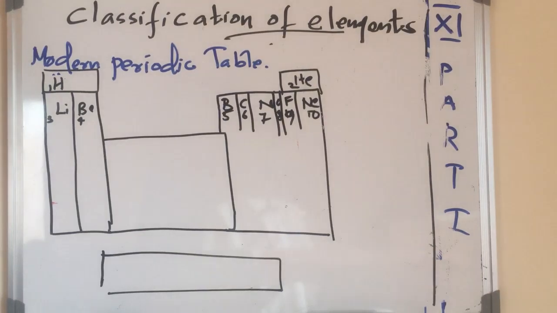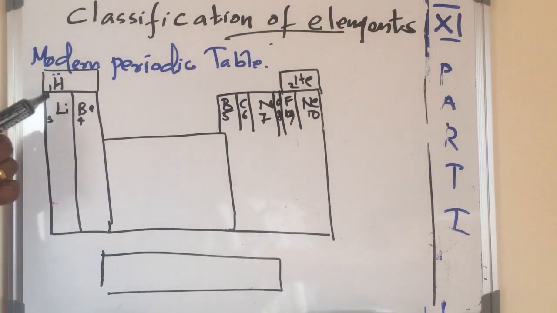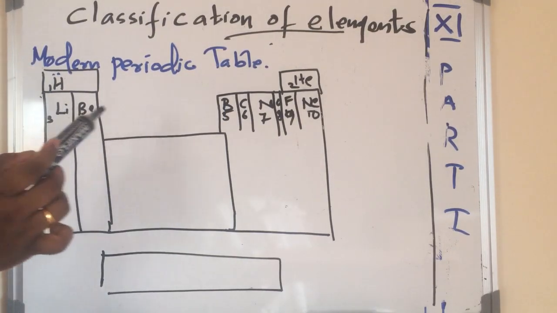Here you can see a simple picture of the modern periodic table. A modern periodic table almost looks like this. In the modern periodic table, elements are arranged in the increasing order of atomic number. Atomic number means number of protons. Here the first element is hydrogen, atomic number 1.